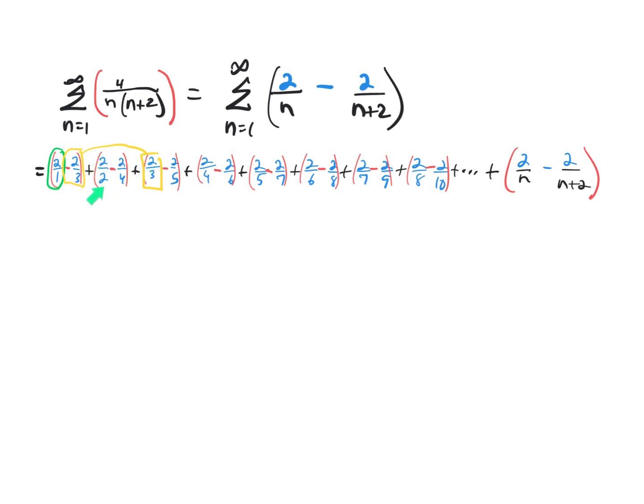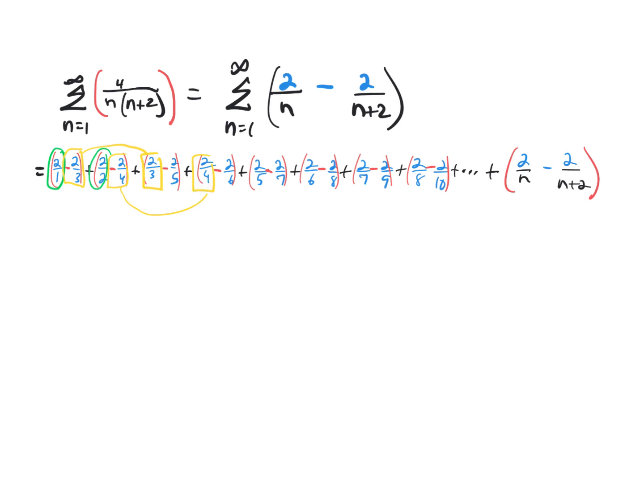Okay, what about this 2 over 2? That's a 1. Do we ever have a negative 1? No, never. So that's going to stick around. And then what about this negative 2/4? Aha, negative 2/4 and positive 2/4. And again, it was 1, 2, 3 away. They'll cancel each other out.